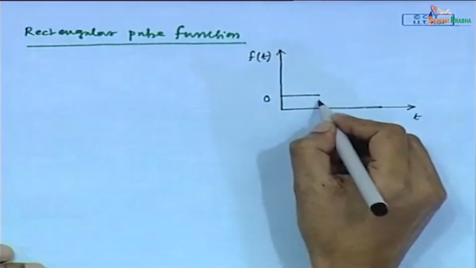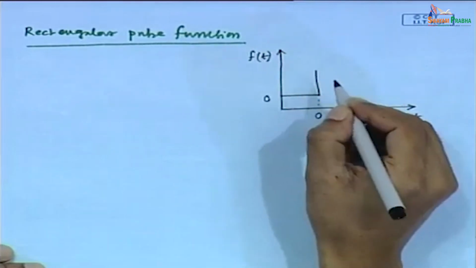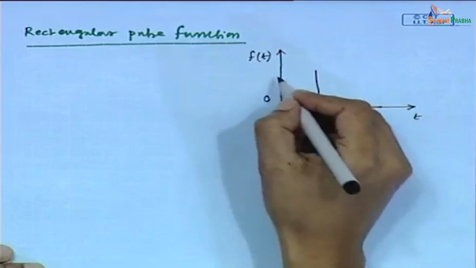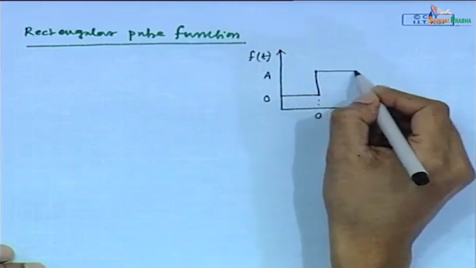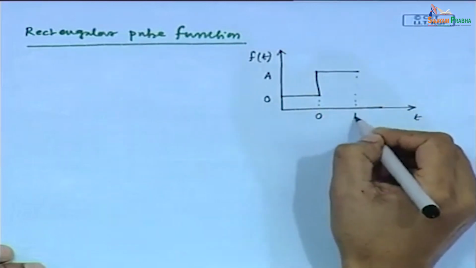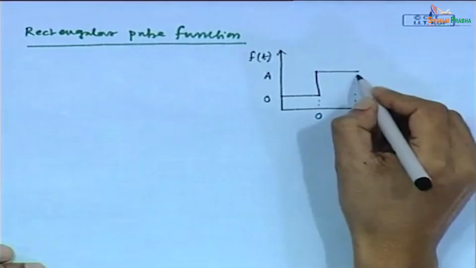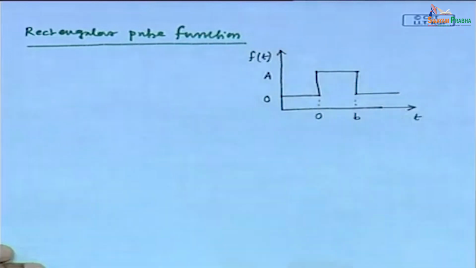Now, it changes at time t equals to 0 by unit of suppose A, then it remains there up to time B, then it returns to the old value. This is the graphical representation of a rectangular pulse function, fine.